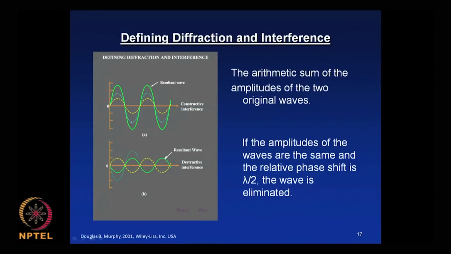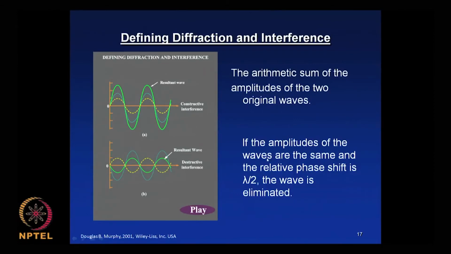You have the resultant wave depicted as a green line. This is called constructive interference, and then you have B which describes the destructive interference. You can see that the resultant wave has much lower amplitude compared to the constructive interference.